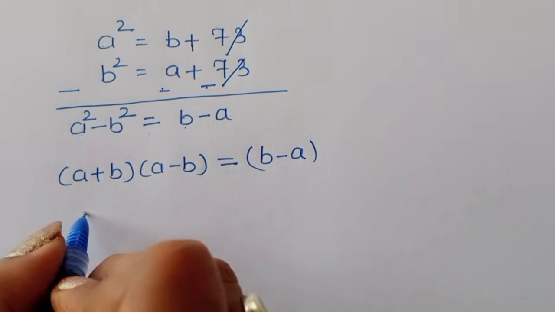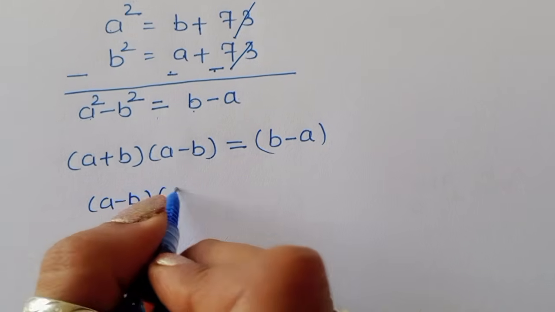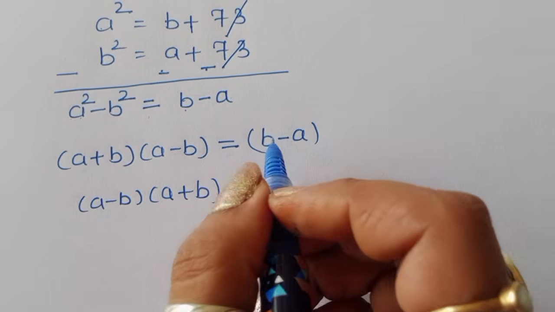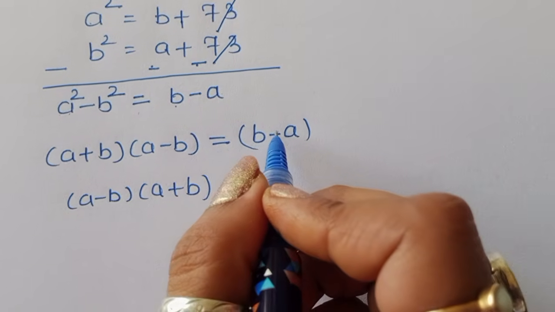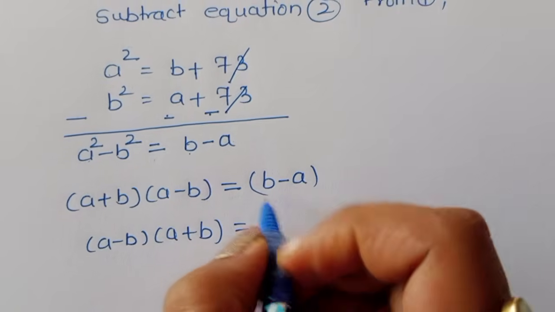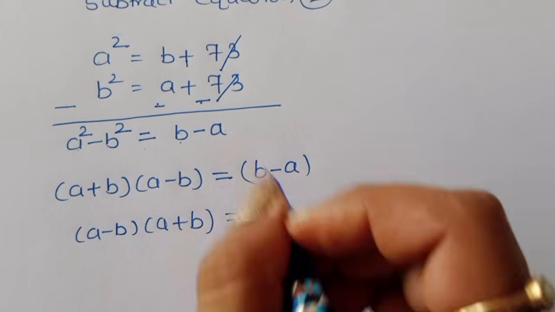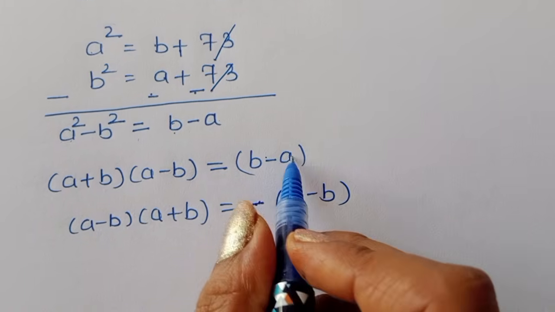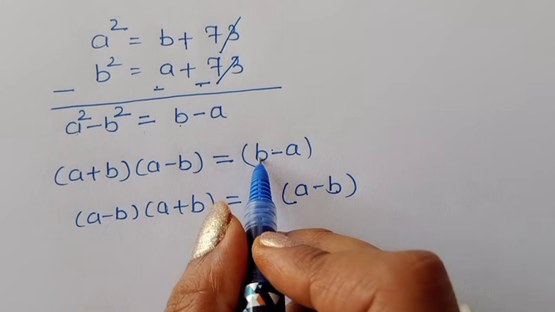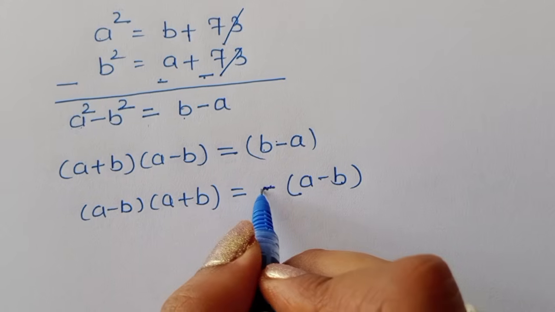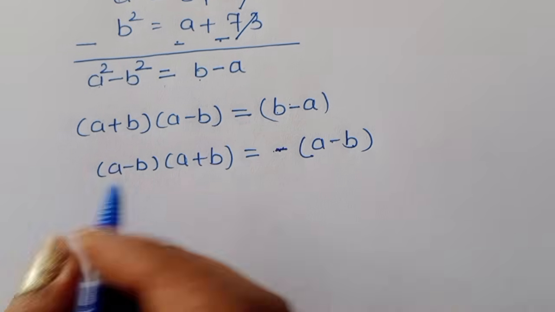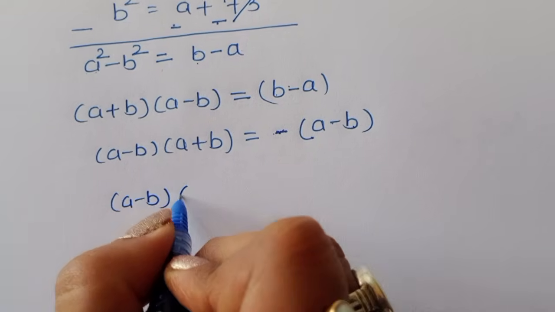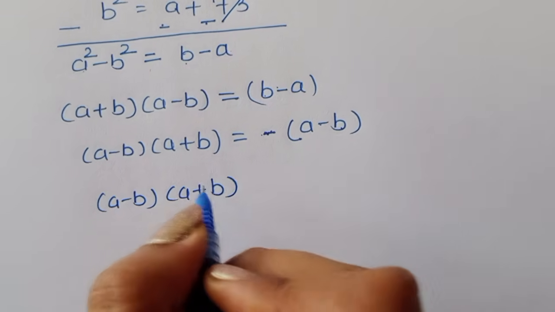Now a minus b times a plus b is equal to, if we take the minus sign common on the right side, we get minus a plus b, so minus times a minus b.